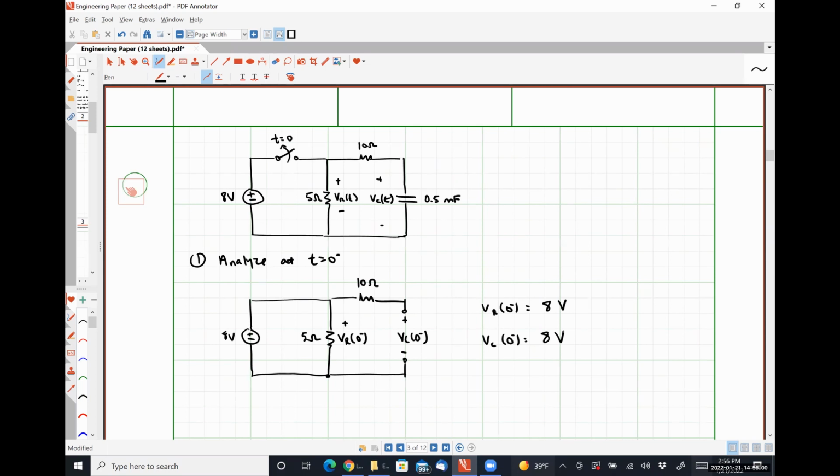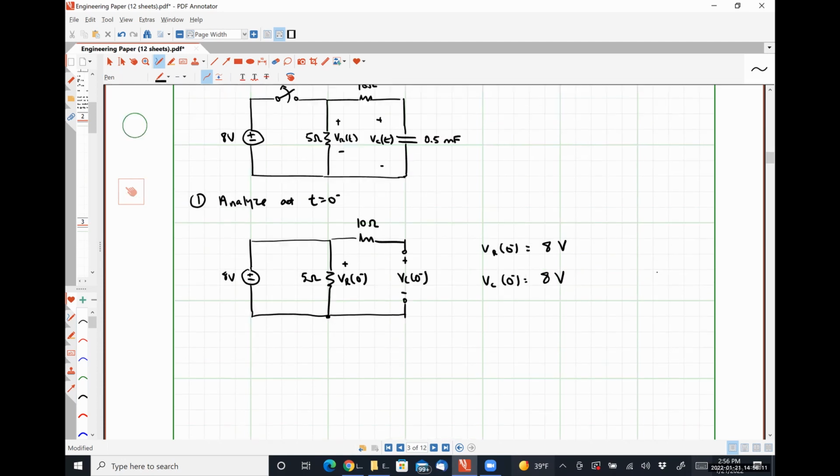All right. Are we satisfied with the circuit analysis that we've done here at t is equal to 0 minus? I think so. All right, so now we'll move along to t is equal to 0 plus.